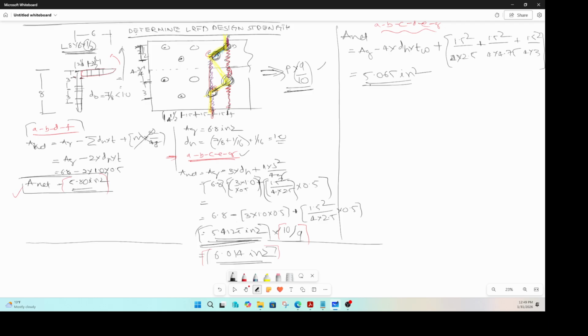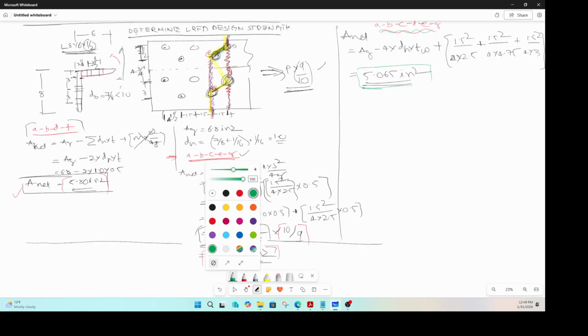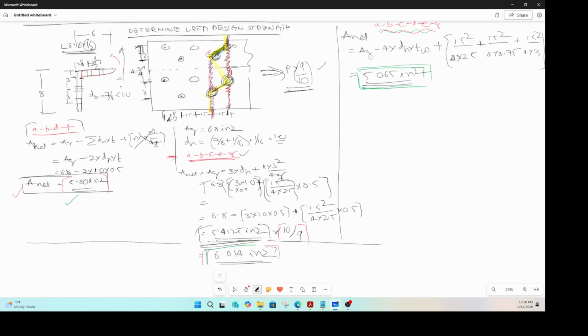Looking at this, the least A net is for this path here, and the A net for that path is 5.065. So this was 5.8, the bumped up value for this one was 6.014. So the least value is this one.